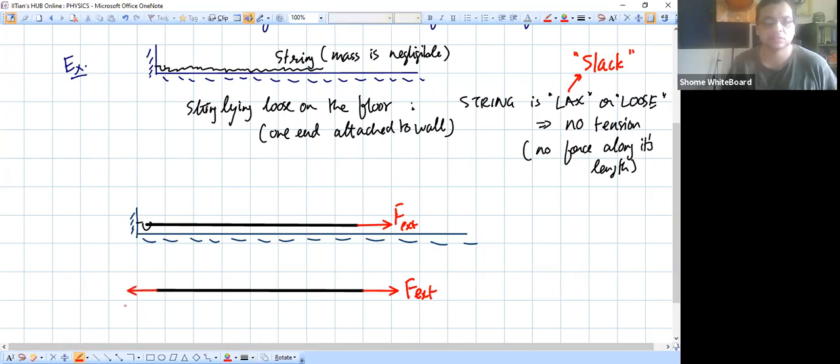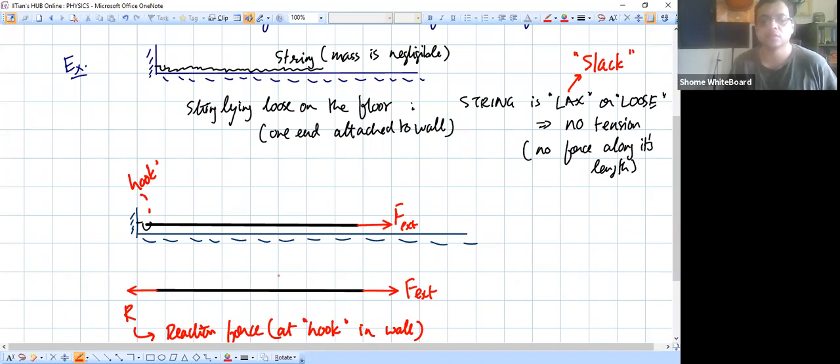So this R is a reaction force at the hook in the wall. So this thing here is a hook. And since the acceleration of the string is zero, the reaction force is equal and opposite to the external force we are applying.